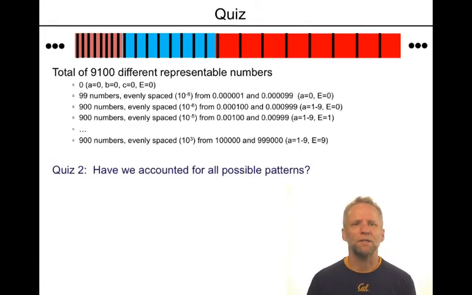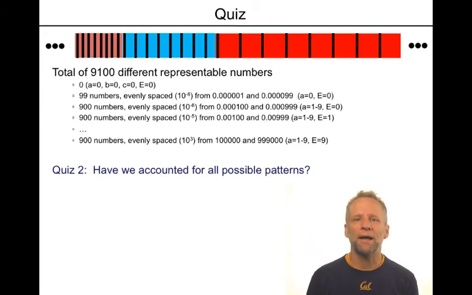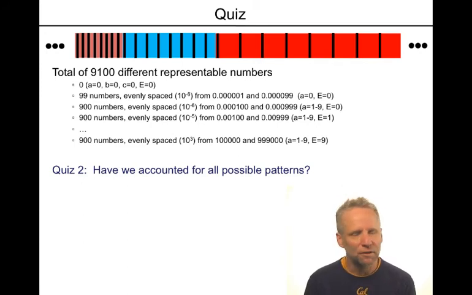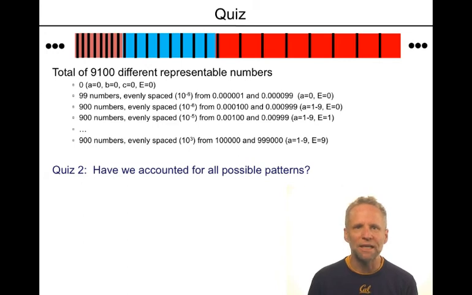So let's have another quiz. Have we accounted for all the possible patterns? Remember that there are some illegal patterns: A equals 0 and E not 0 is an illegal pattern. And then we came up with all the other patterns on the previous page. If you count, you can see that we have. There are 10,000 total patterns because each of the 4 symbols can take on any one of 10 distinct values. A simple combinatorial counting problem gives me 10,000 combinations.